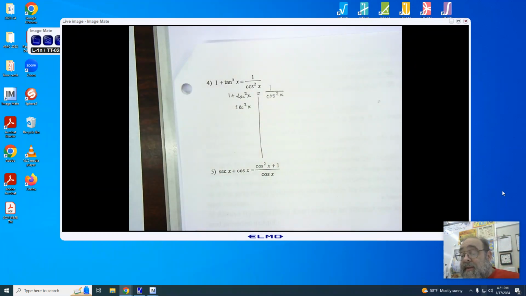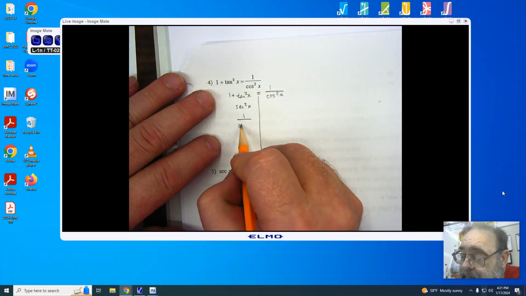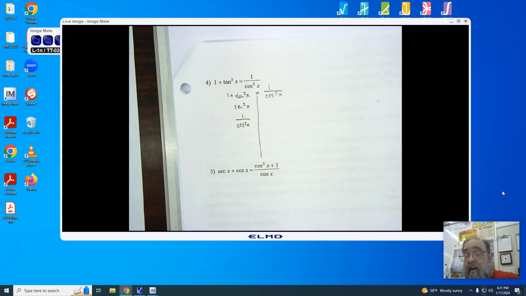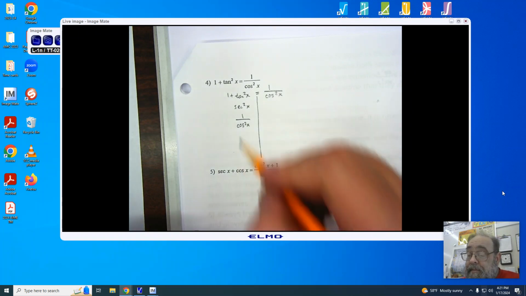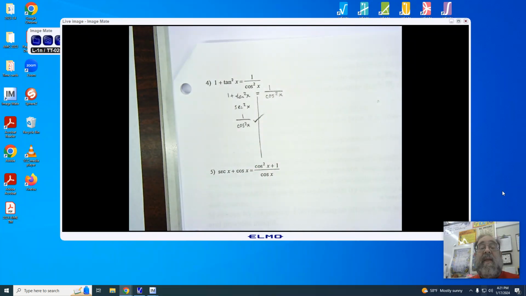I also know that secant squared x is the reciprocal identity for 1 over cosine squared x. Now, if you wish, you can factor out the squared, then take the reciprocal and put it back in, but I see no reason to do so. Notice they are now equal, and we have verified the identity.